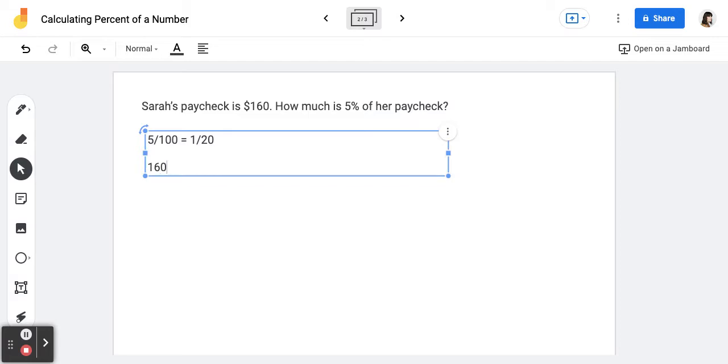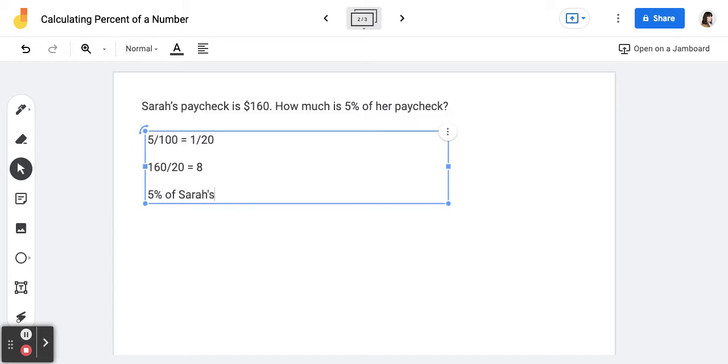So if we take the total number of dollars in her paycheck, 160, and divide those into 20 equal groups, we should be able to get what 1/20th would be. 160 divided by 20 is 8. So we can say that 5% of Sarah's paycheck is $8.